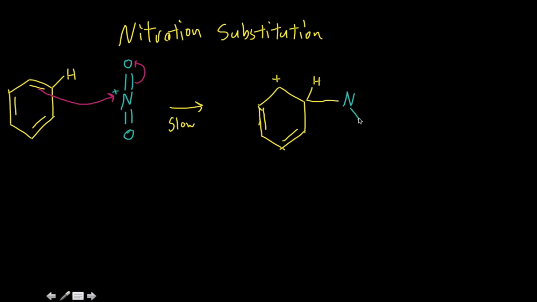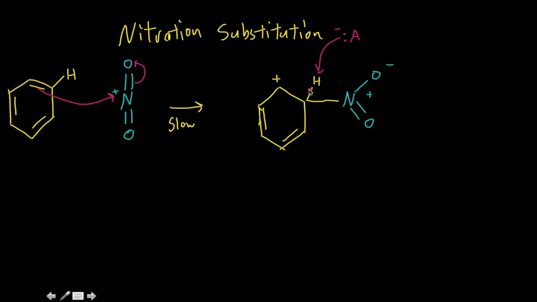You have a nitro group there, O minus, and the nitrogen has a positive formal charge. That's not really important. I'm just going to draw it like this, as a generic base. This could be water, or I think it would be more like water than HSO4, but that doesn't really matter.